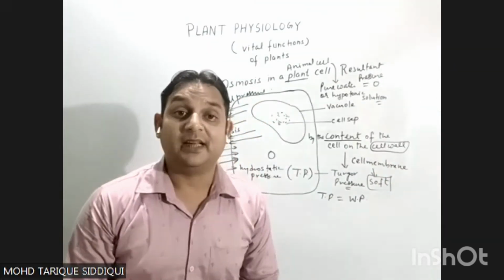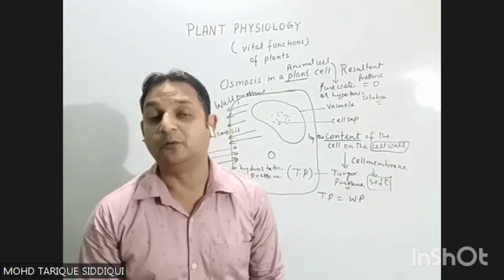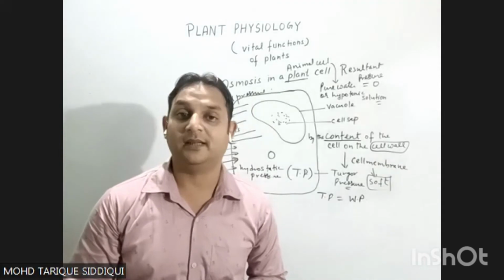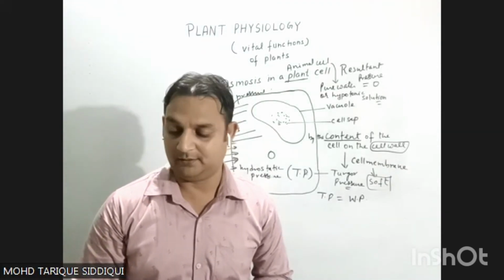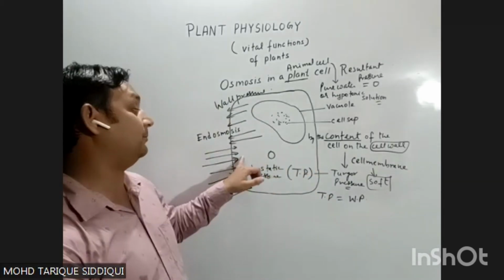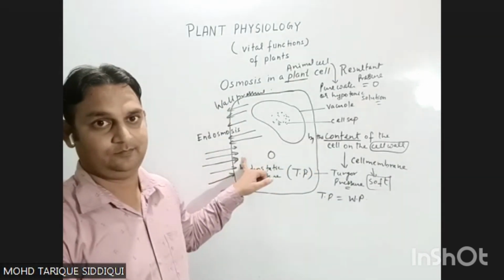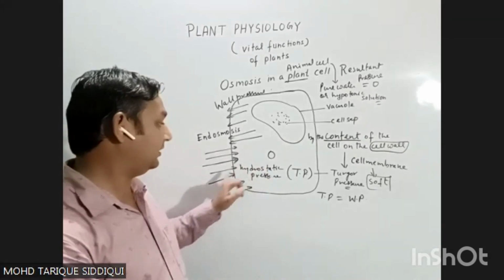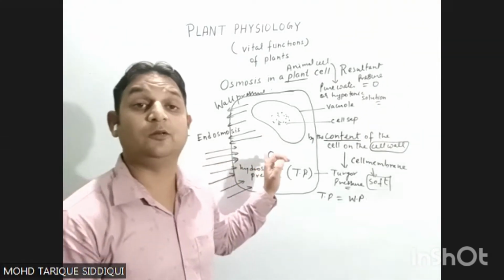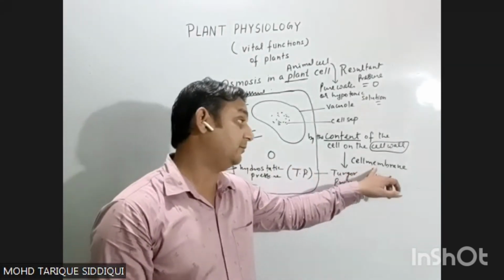And you know the cell membrane is a living membrane and a soft membrane. The animal cell bursts when they are placed in pure water or hypotonic solution because animal cells do not have a cell wall, so they cannot counter the turgor pressure. So this turgor pressure will go where? On the cell membrane.